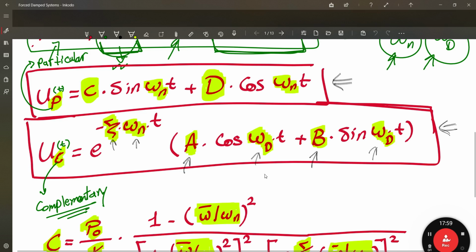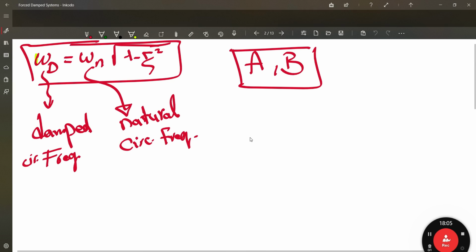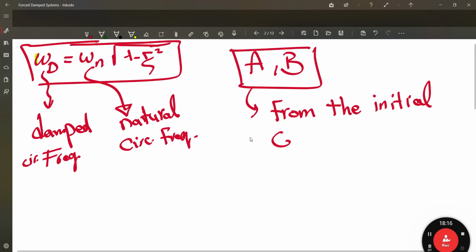So A and B are going to be obtained from the initial conditions. So I'm going to write this down: this is from the initial conditions.